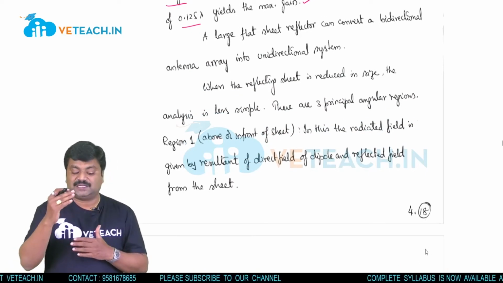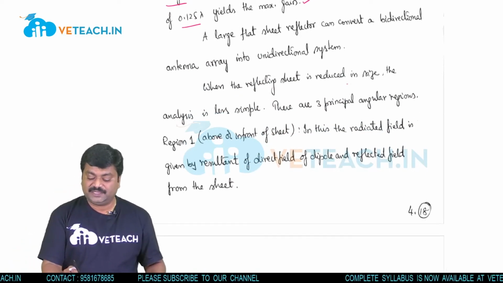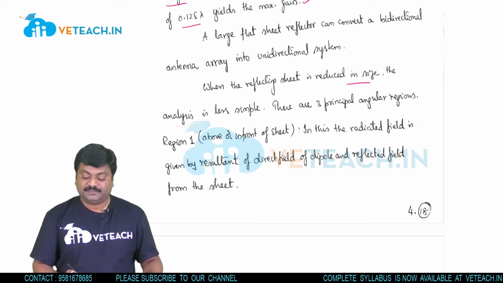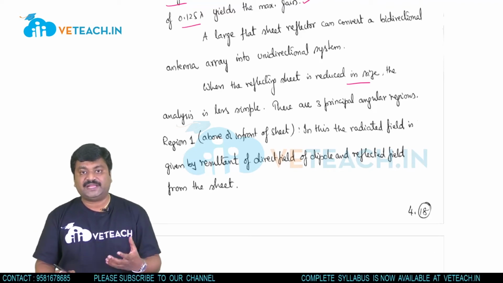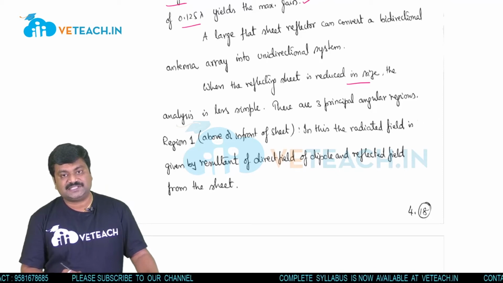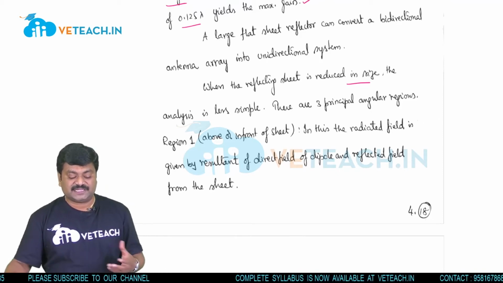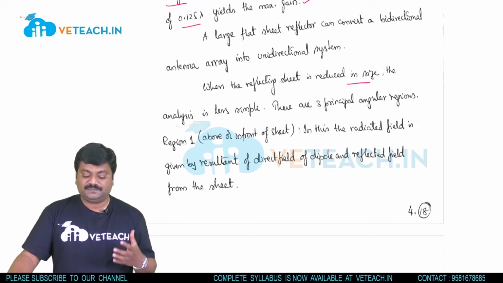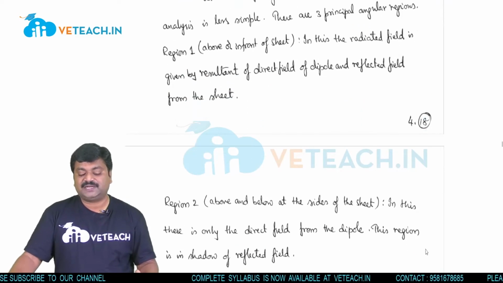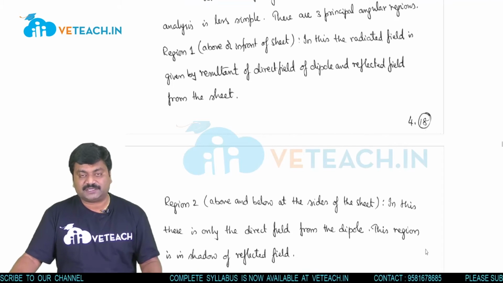That is, this reflection sheet will be reduced in size, and it is defined in three principal regions. These three principal regions will explain in what way the analysis is much simpler in flat sheet reflectors.